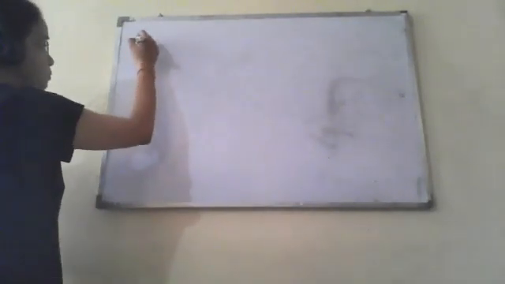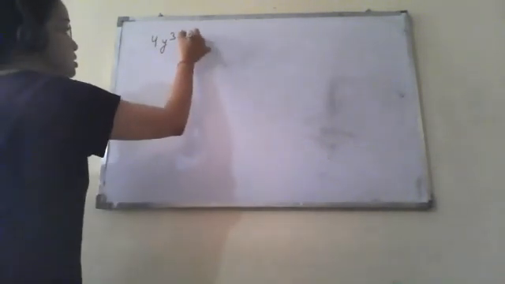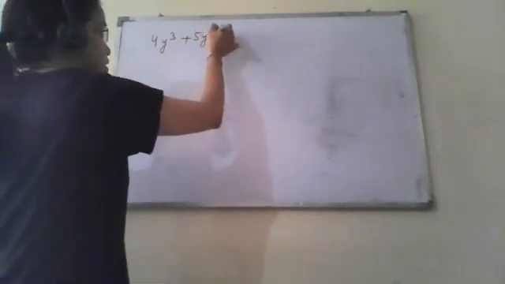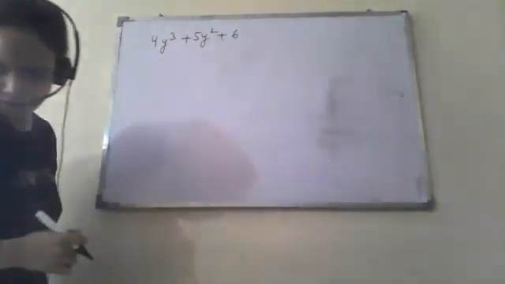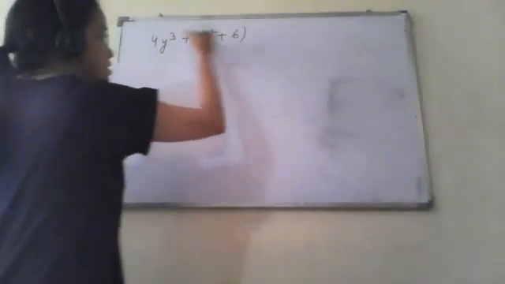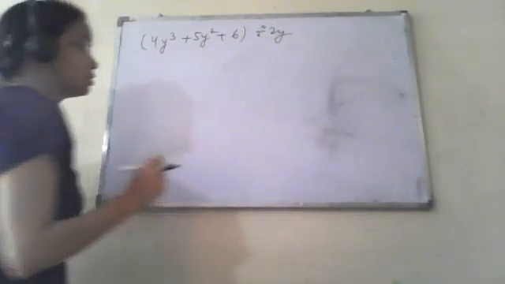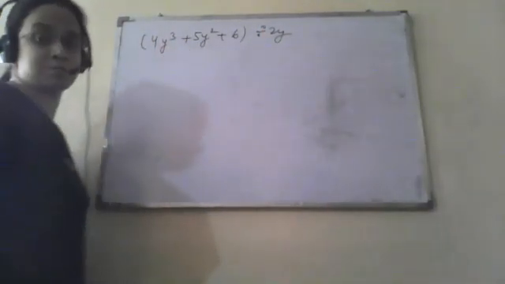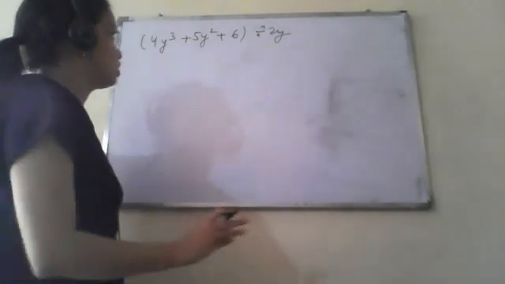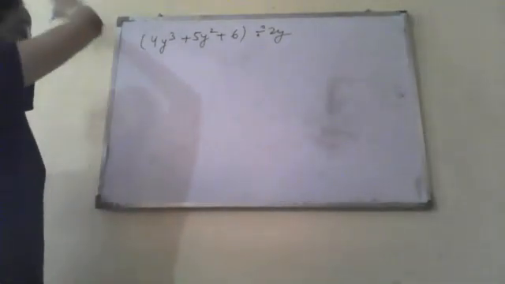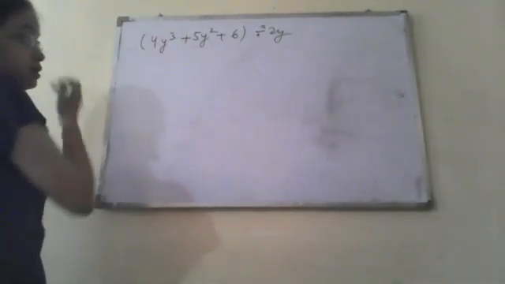We have one trinomial, 4y cube plus 5y square plus 6y. We have to divide this expression by 2y. Clear? So what we have to do? We are factorizing it.